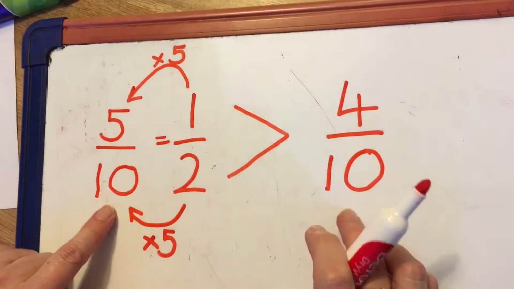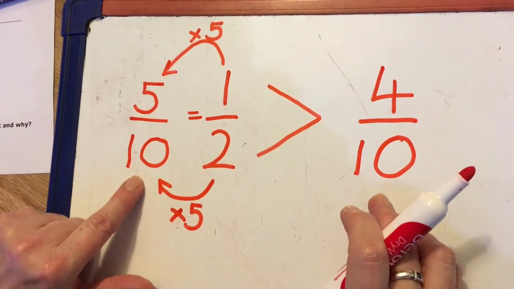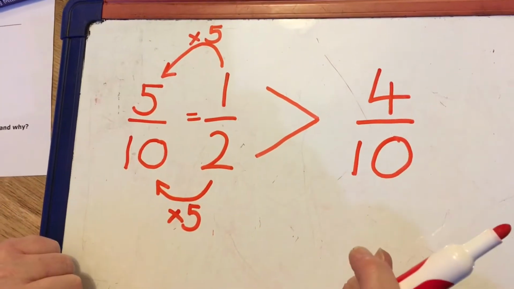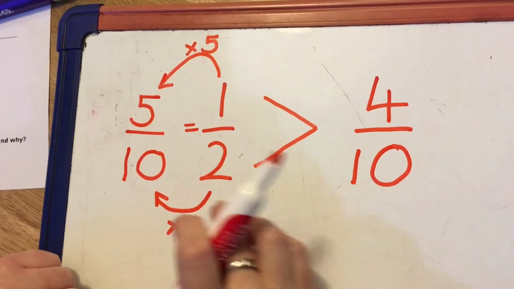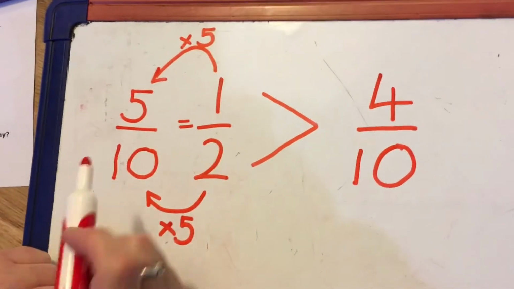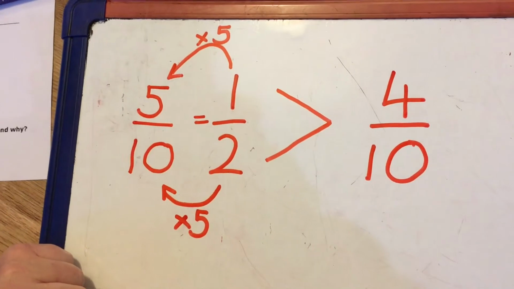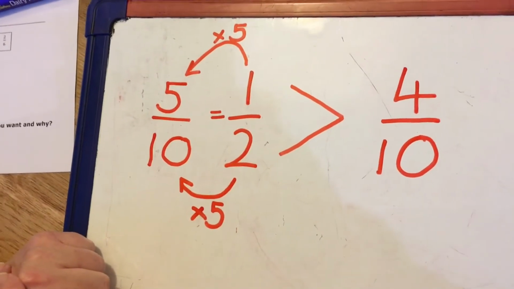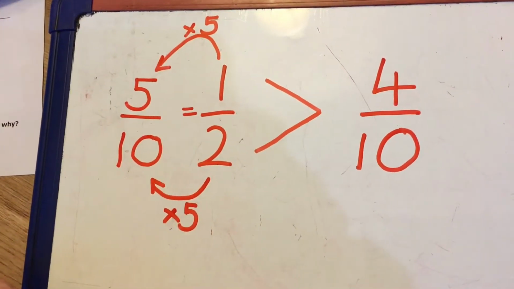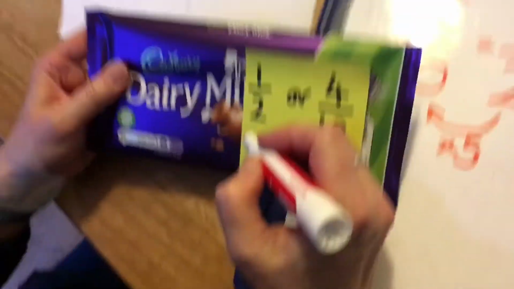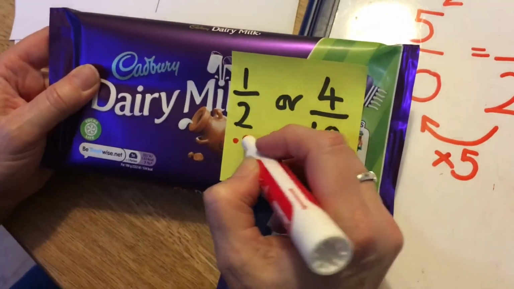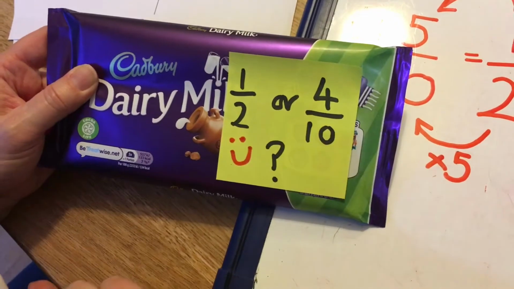Sometimes you'll hear it called the lowest common denominator, or just a common denominator. Make them the same, and then you can easily see which piece is going to be bigger. All right, so a half or 4/10, yes please, I would like a half.